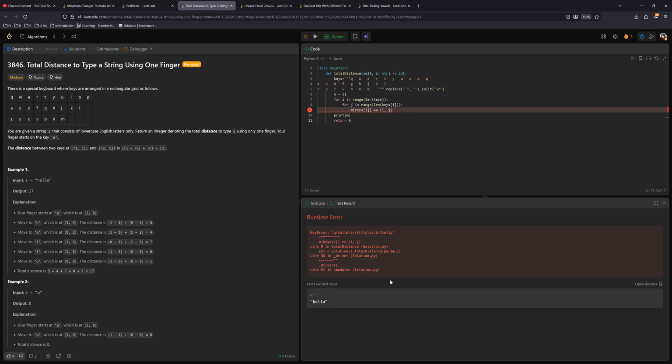Tabs. Tab. What is it angry about? I have no idea why it's angry. Key error.